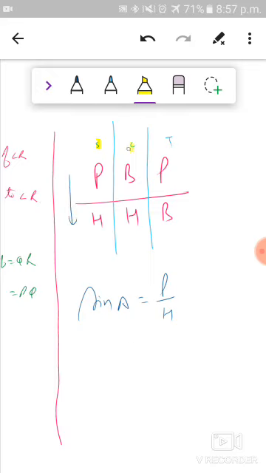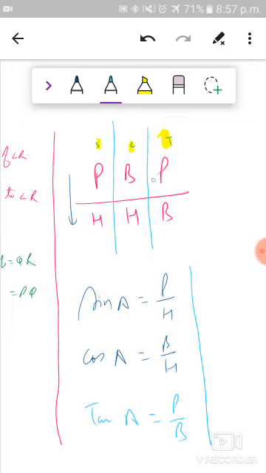C means cos. Cos A is base upon hypotenuse. T refers to tan. That is tan A. So tan A is P by B, perpendicular upon base. Right?